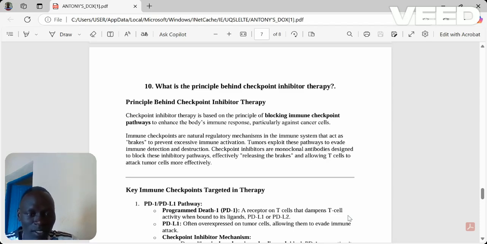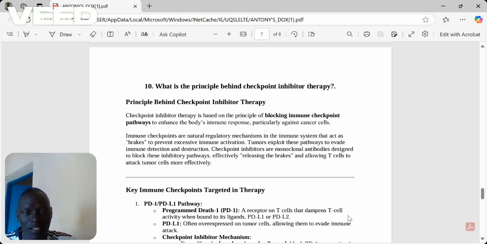Checkpoint inhibitors are monoclonal antibodies designed to block these inhibitory pathways, effectively releasing the brakes and allowing the T cells to attack the tumor cells more effectively. So when we release the brakes, the T cells attack the tumor cells.